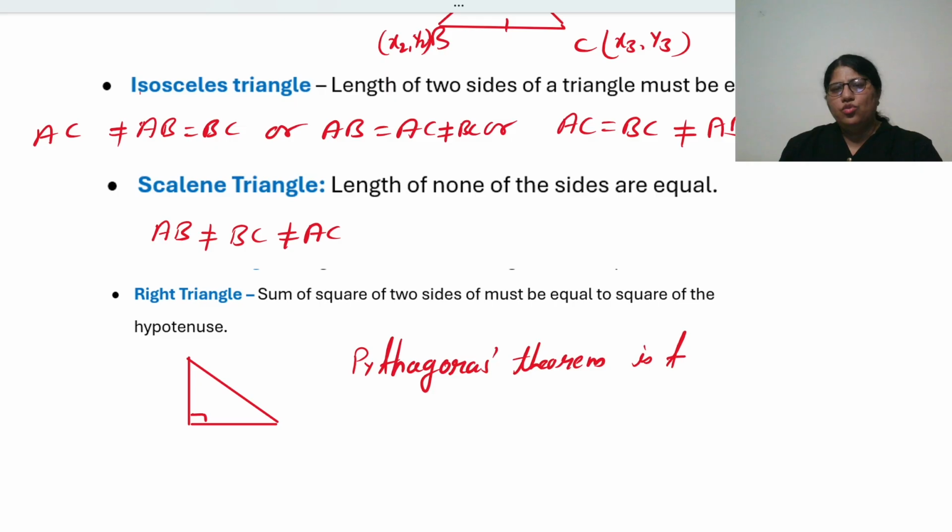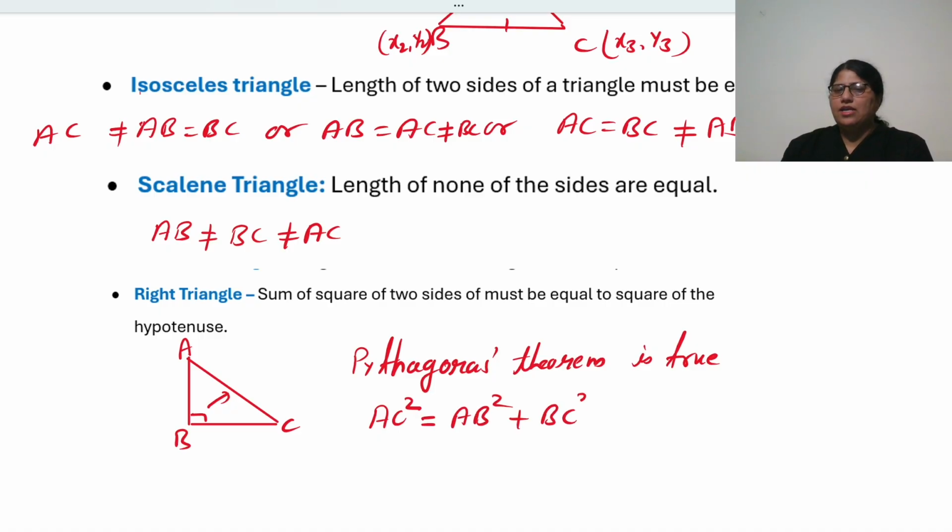that means you find out the longest length. If I'm taking AC as the longest length here, then you have to just prove that the longest length square should be equal to the sum of squares of the other two sides. So I have taken AC here.